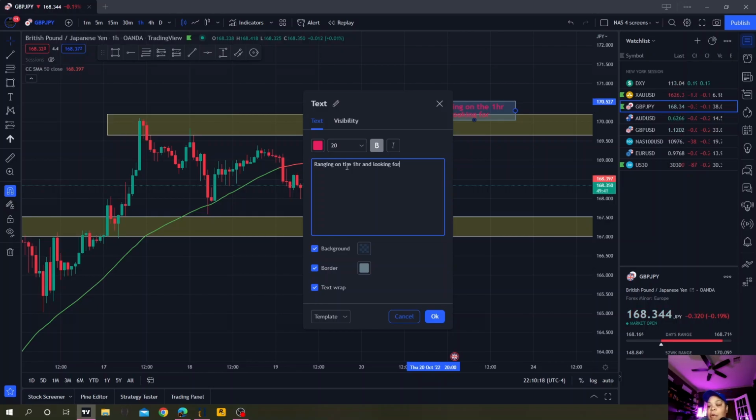So it's ranging on the 1 hour. We're looking for a break above or below the range.